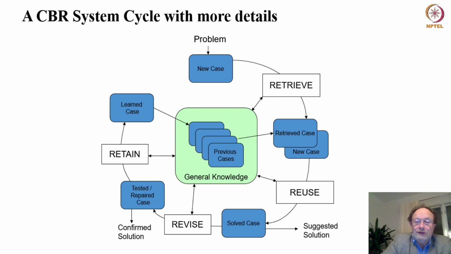We try to reuse them on the solved case. That leads to some revisions and some repair, and then we make a modified copy of the case that really solves the problem at hand, and then we can store that case again in the case base to be used for further problem solving in the future.